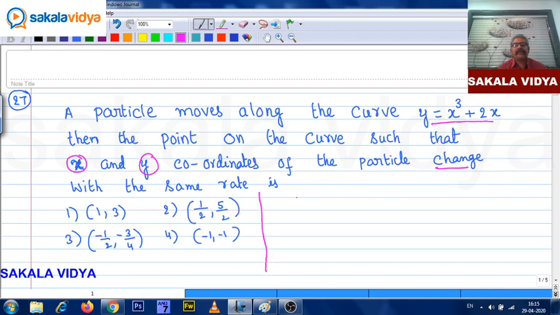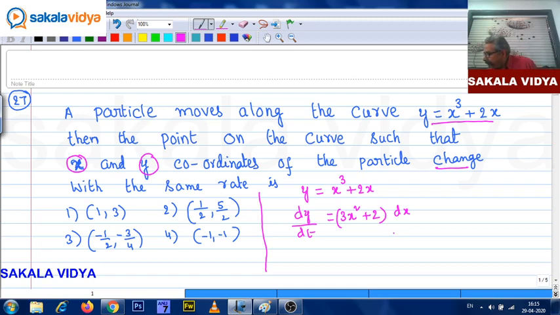So, we need to find out the point. Here y equals x cube plus 2x, differentiate both sides with respect to t, dy by dt equals 3x square plus 2 into dx by dt.